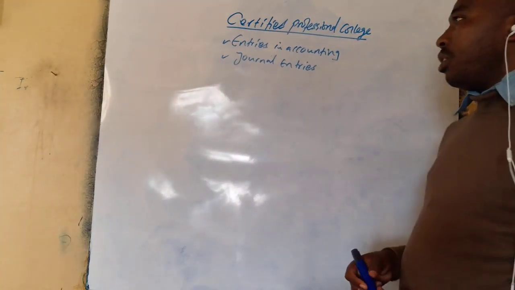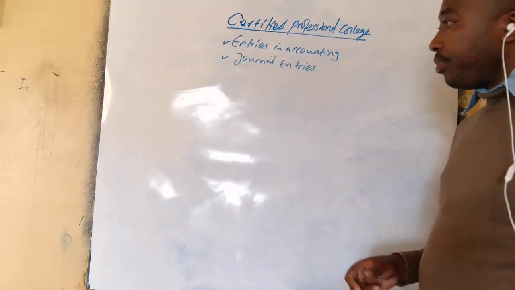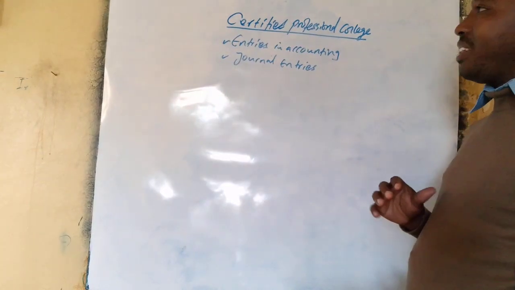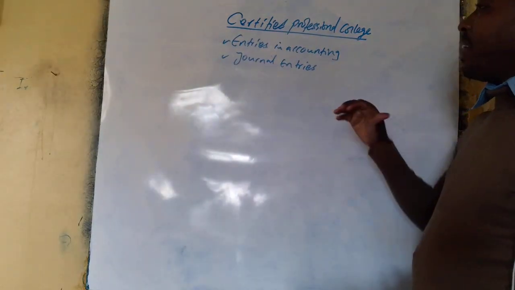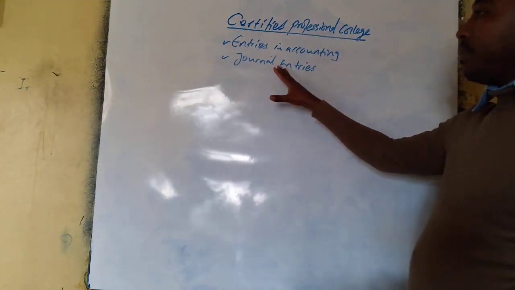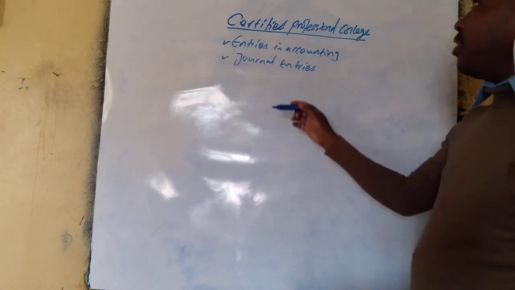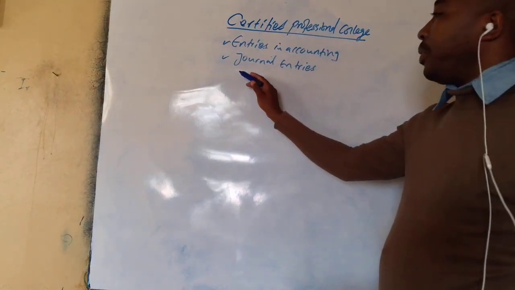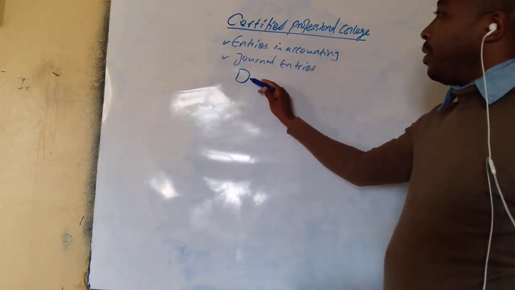books of accounts. I want us to master two principles that we use here to summarize something called entries. And this principle we developed with our colleagues here.